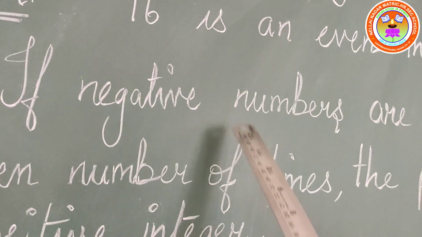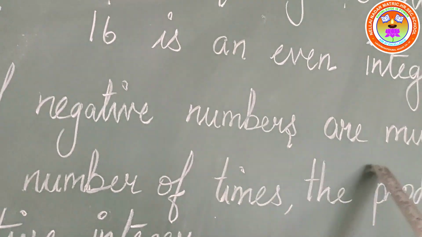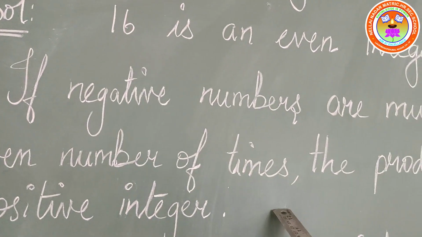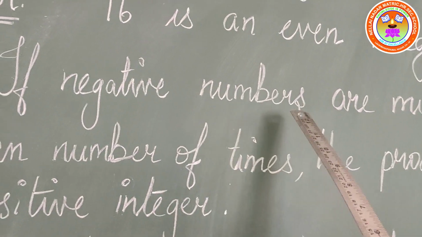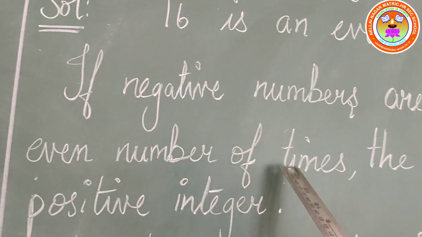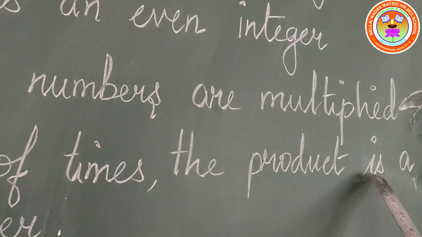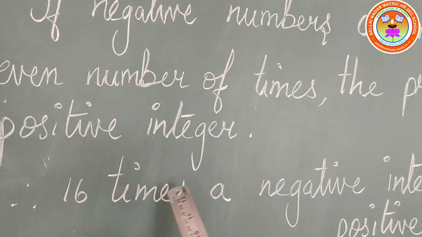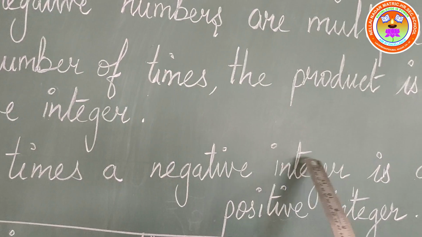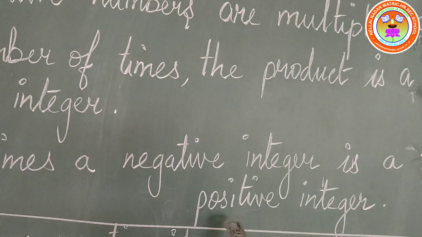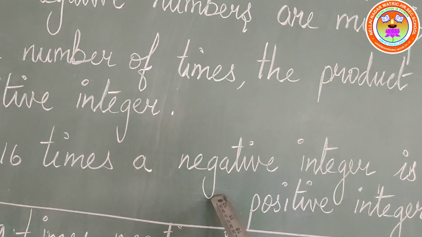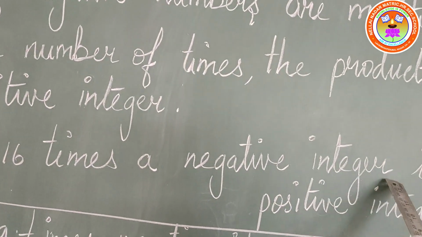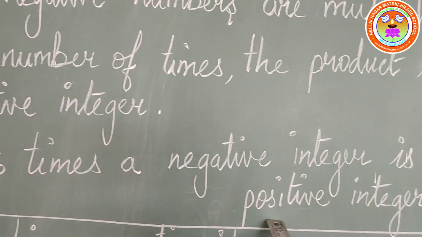Always if I take a negative number and multiply it even number of times, the product is a positive integer. Therefore 16 times a negative integer is a positive integer. So what is the sign we are getting for 16 times of negative integer? It is a positive integer.